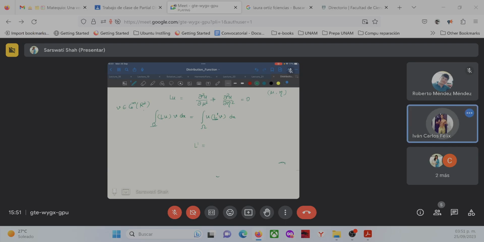I'm not sure right now. Can anyone, like Camilo, Roberto, explain to me what this L dash is?